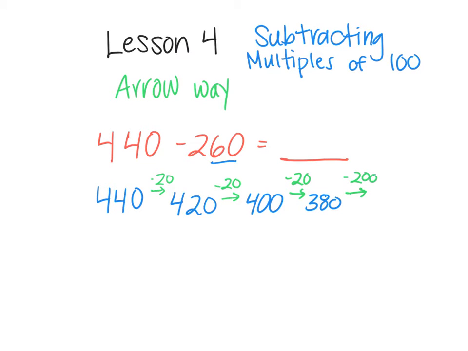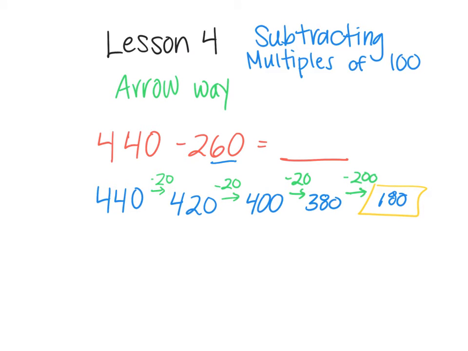Take away 200 from my 380, and that leaves me with 180 as my final answer. Okay, so that's one way where you can break apart your tens place numbers into smaller pieces where you can see multiples of 20 as you subtract, and then you take away the hundreds place. So that's one way to do it.